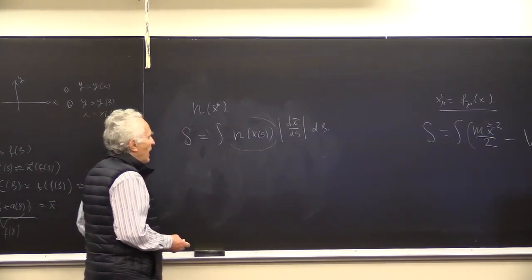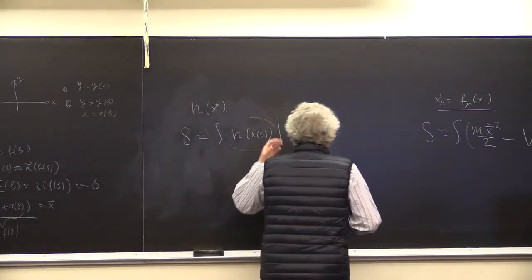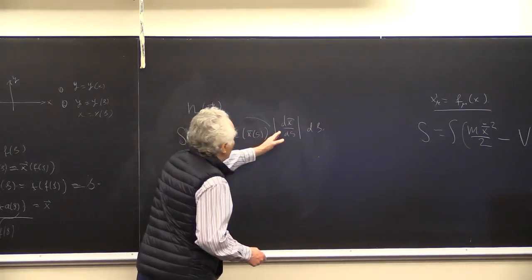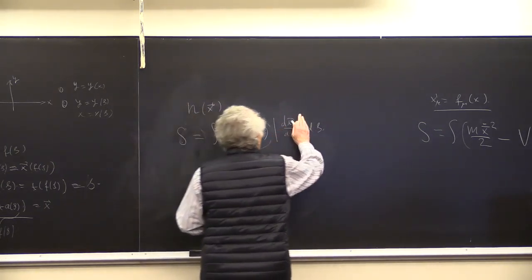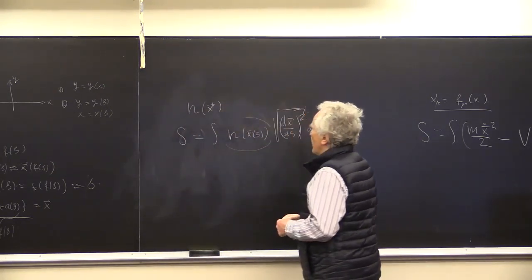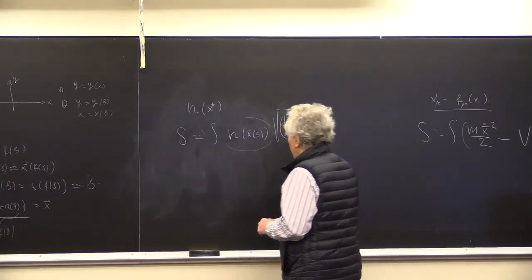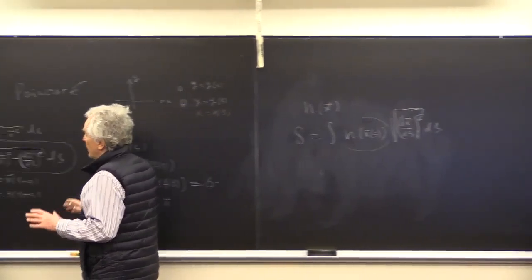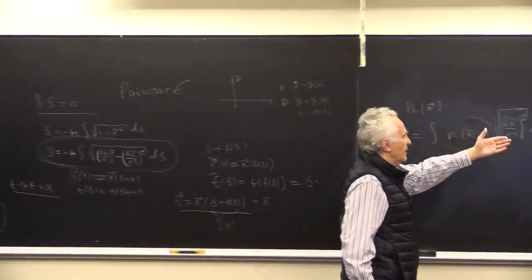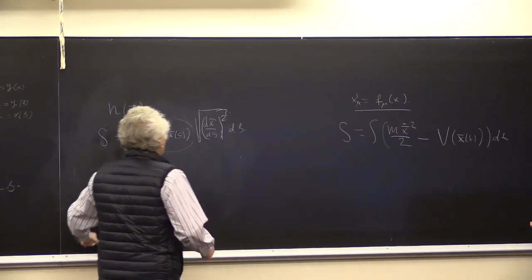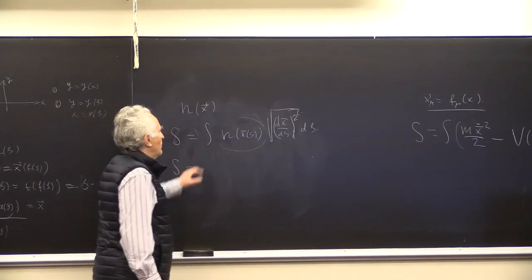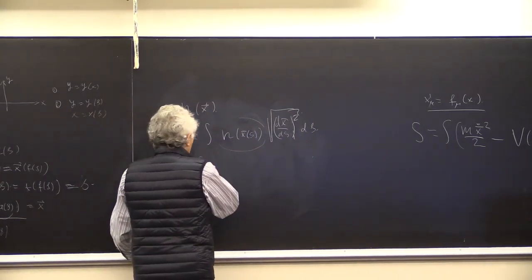Let's introduce an auxiliary field and try to remove this square root. I want to eliminate this square root somehow, because there are many reasons. One of the reasons is that there is nothing like this square root here. So consider another action which turns out to be totally equivalent to this one.